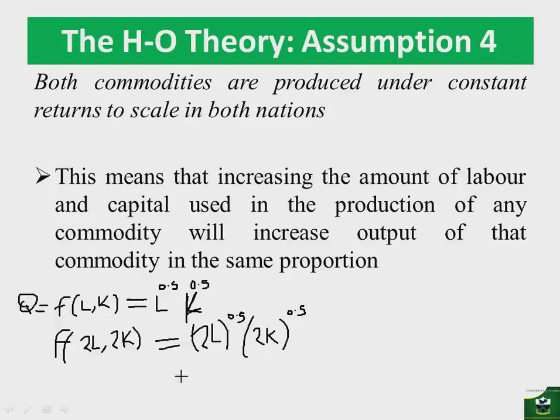Okay, so what we will have then is that we can distribute the power. So we will have 2 to the power 0.5, then L to the power 0.5. I'm using the index rule. Then we also have 2 to the power 0.5, and then K to the power 0.5.